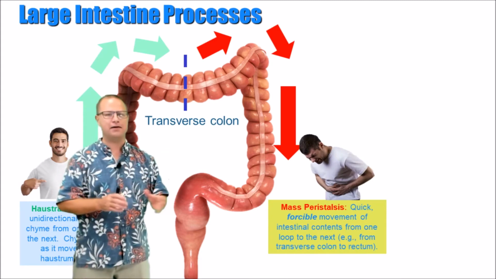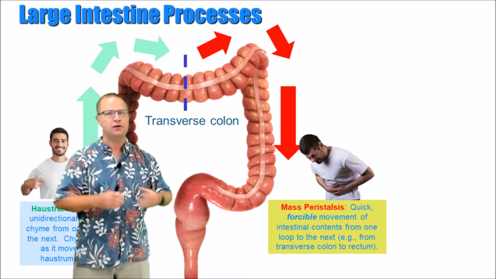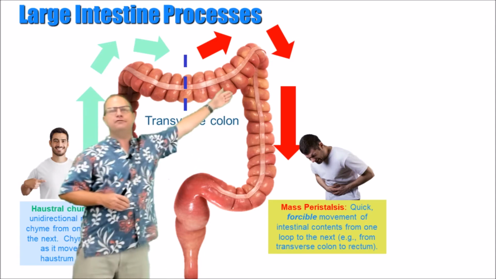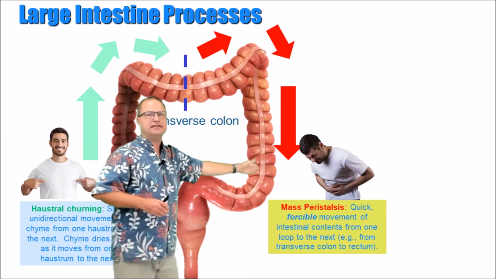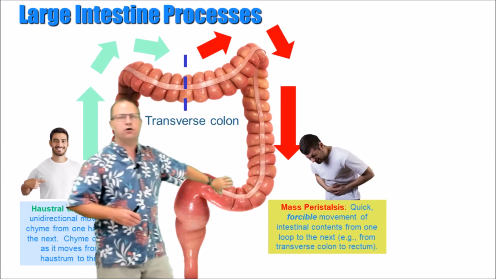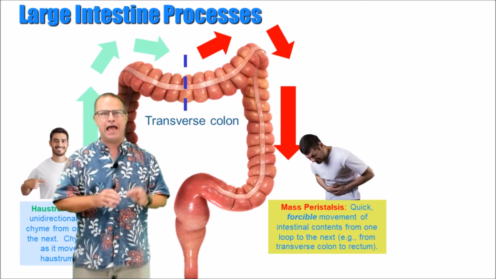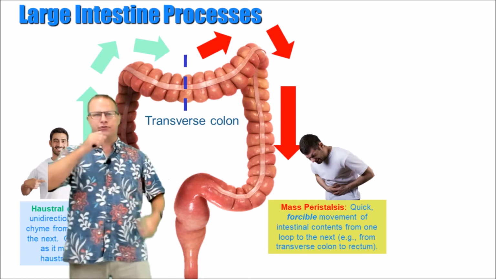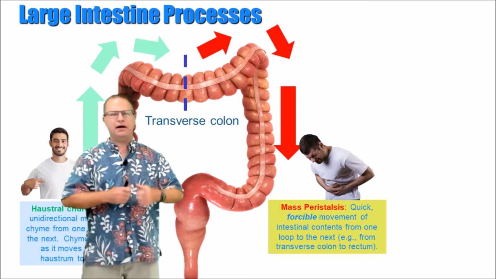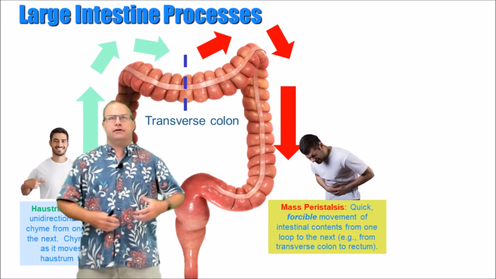On the other hand, mass peristalsis is something you're going to be aware of because it's a very forceful, somewhat violent movement of fecal material across our transverse colon and then down our descending colon and then our sigmoid colon and down to the rectum. It happens abruptly and very, very quickly, and it is involuntary, right? So you're sitting there in a meeting or something like that, you're drinking your coffee, you've been drinking coffee for about an hour, and all of a sudden you're sitting there clenching your butt cheeks.